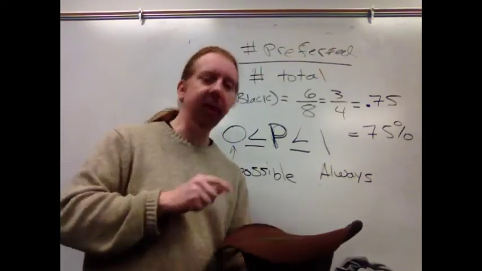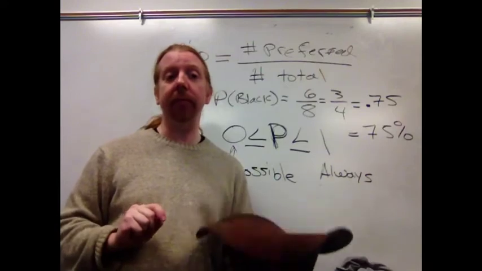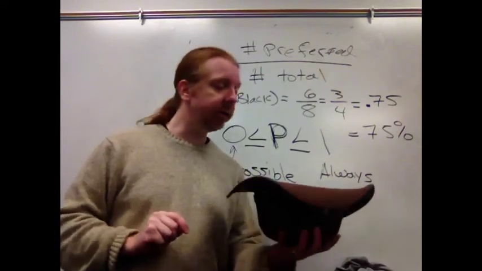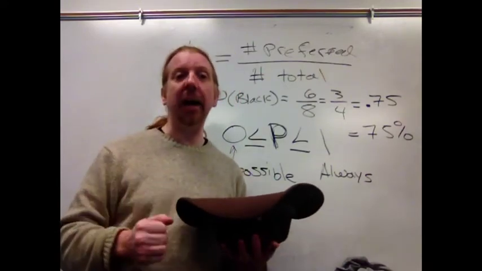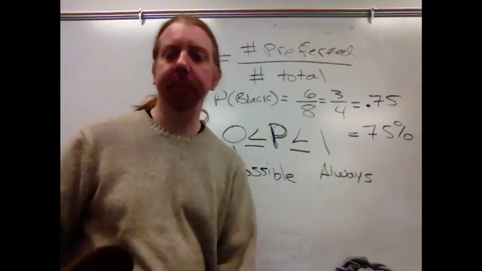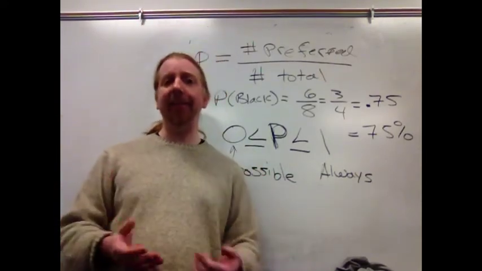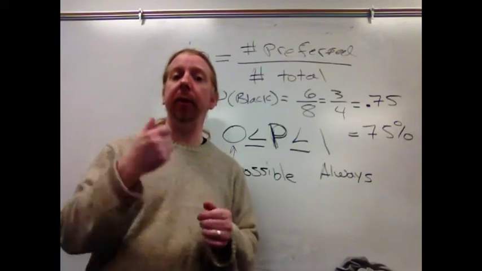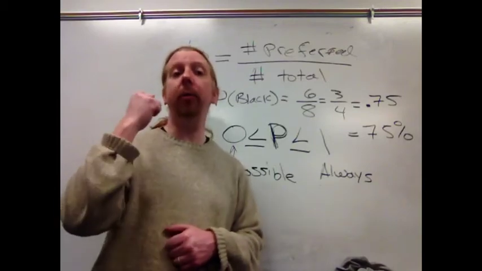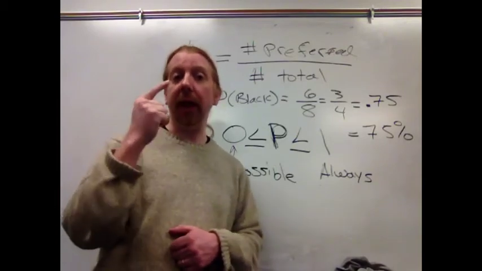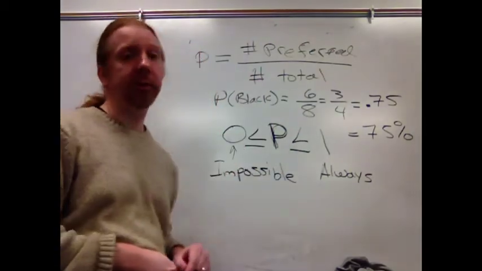A marker. In fact, 8 out of 8 things in my hat are currently markers. Thus, it's guaranteed to happen every single time. So when we talk about the basics of probability, we're asking ourselves, how many different ways can it happen? How many ways did it happen that I was looking for? And I can write those as a fraction.